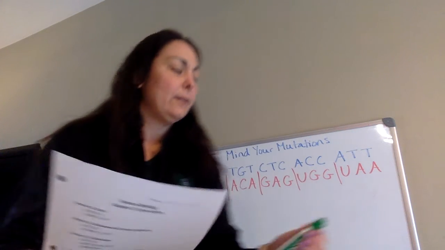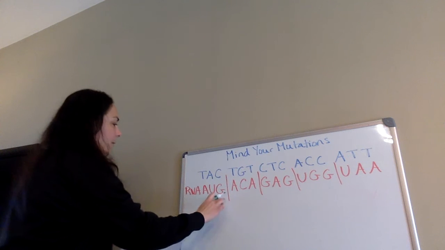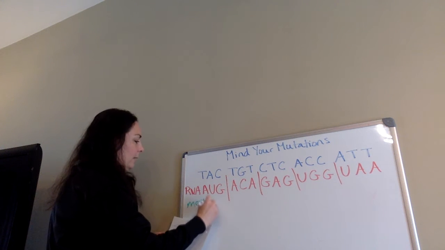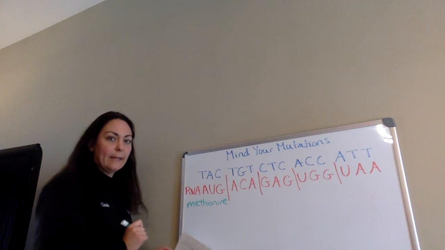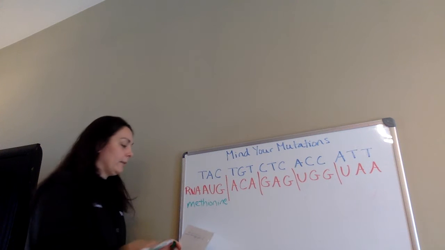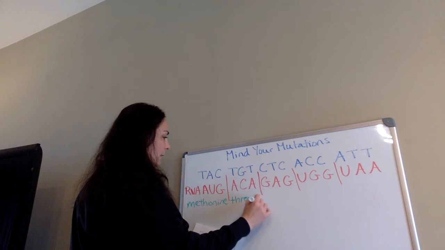So I already did it here, so I wouldn't have to waste time looking them up. But if you look up AUG, that's the start codon. That makes sense. Methionine. So you'd write that down. Then the next one, ACA. If you look that one up on your codon chart, that's 309.